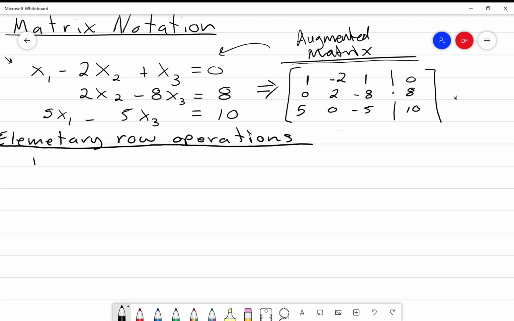There are 3 elementary row operations. One is called replacement.